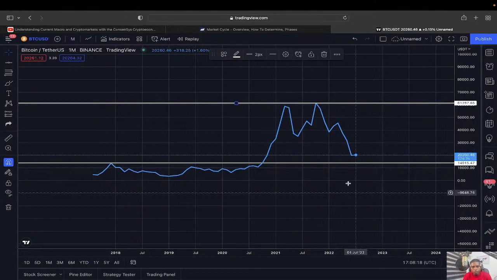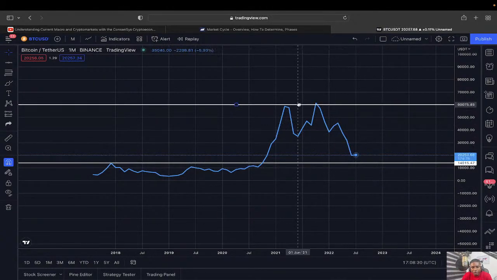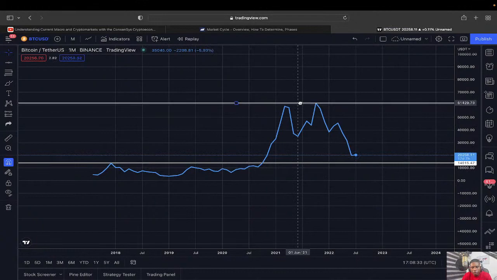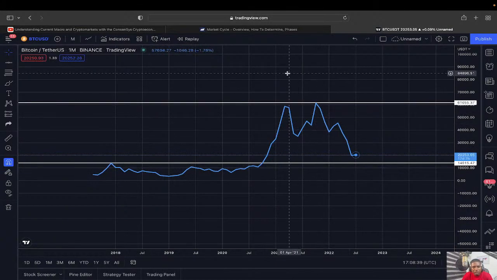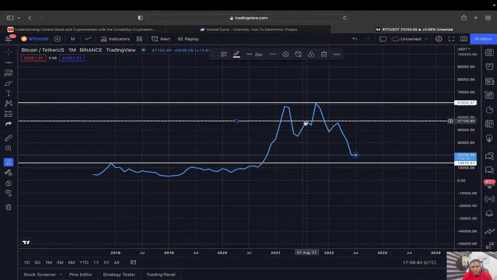Having identified these key areas, what do we do next? We've mapped out the resistance level and we've mapped out the support level. Now let's also map out the minor support and resistance levels within those key areas.